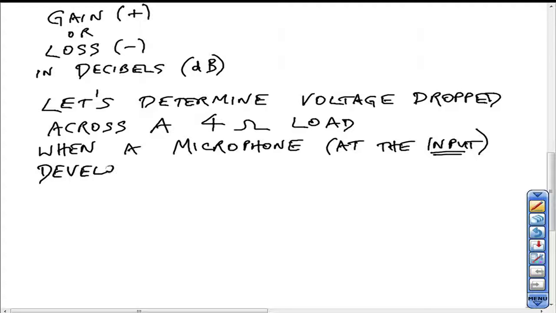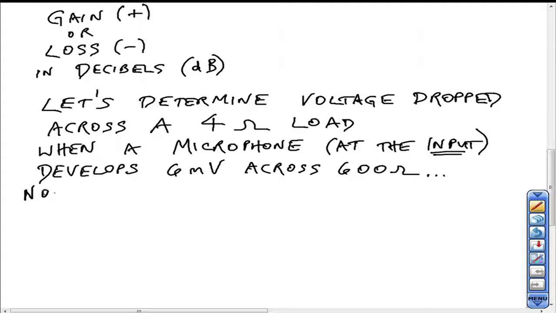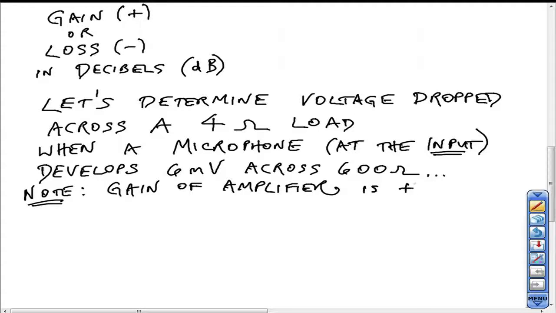develops 6 millivolts across 600 ohms. All right, and then the last little bit of information that we're given about this problem, note the gain of your amplifier is a positive 36.50 decibels.